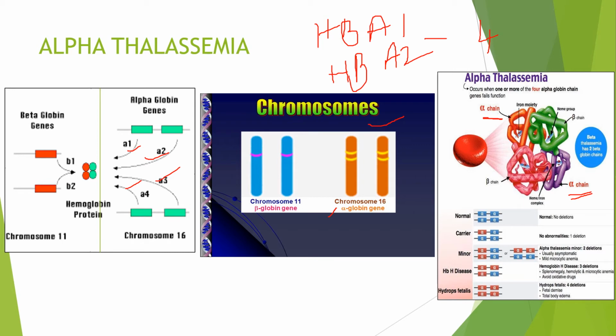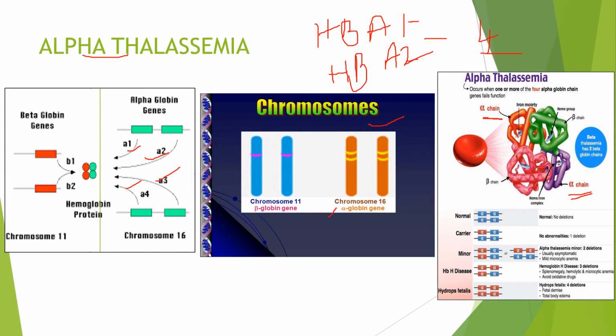If there is any mutation or deletion in one or more of the four alleles of the gene, then alpha thalassemia occurs. So these are the two genes, and they occur in four allelic forms.